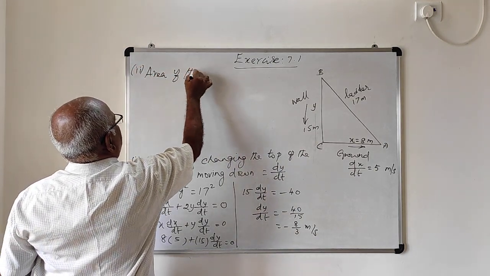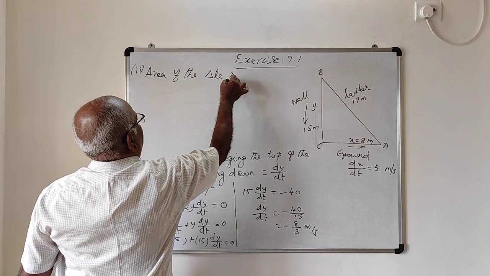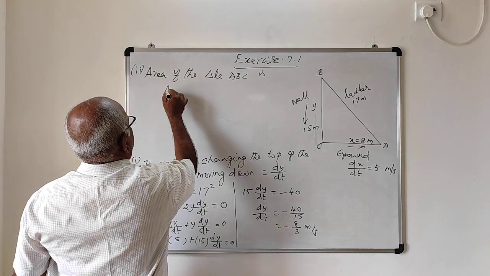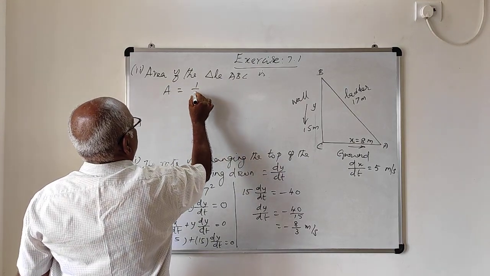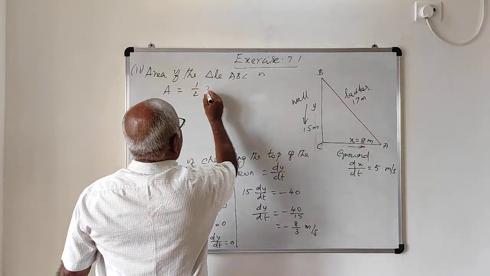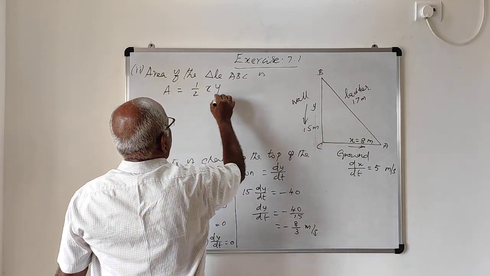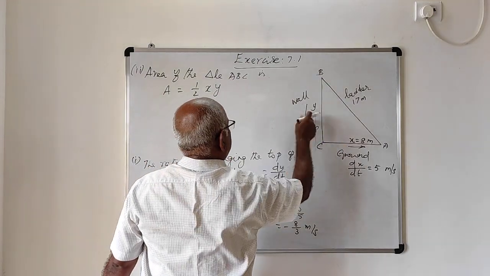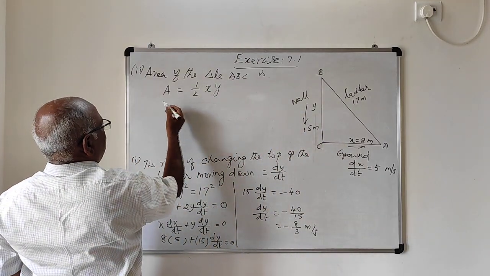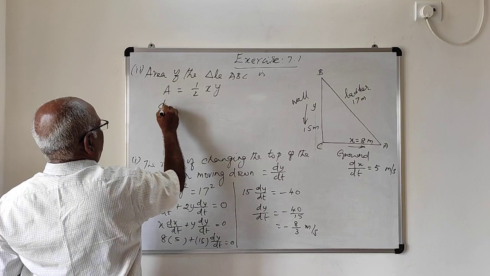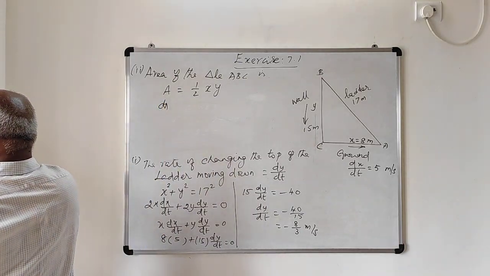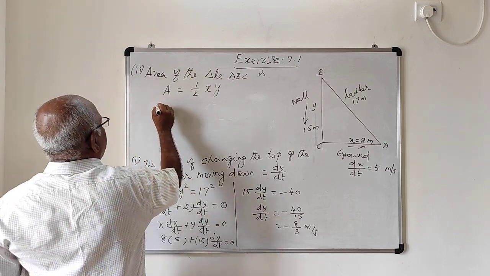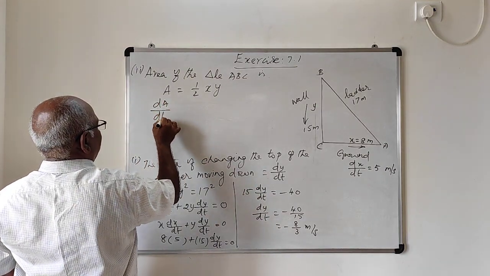Area of the triangle ABC is half into base x, height y, half of bh, half of xy. So for the rate of change of area, we have to determine dA by dt.